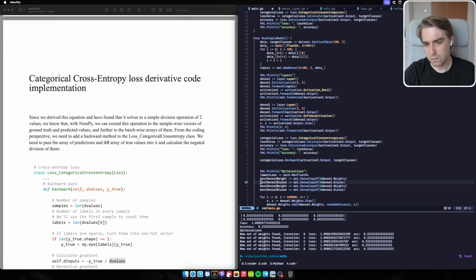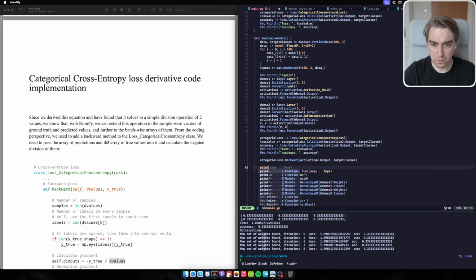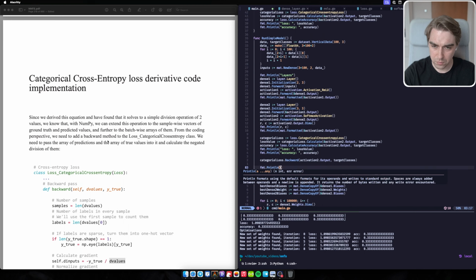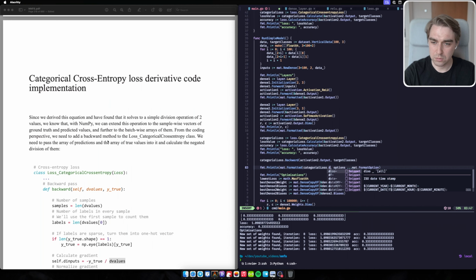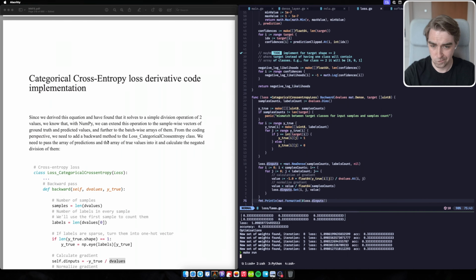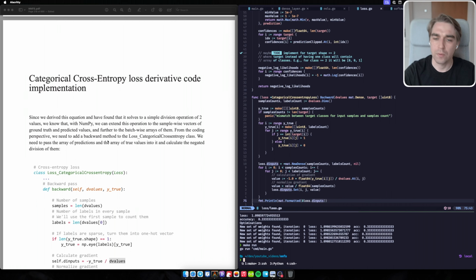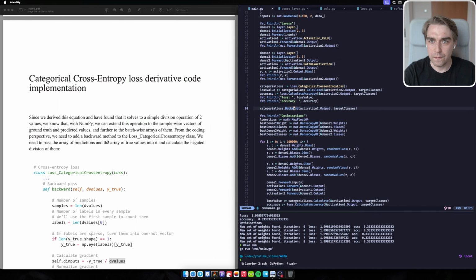And print formatted categorical loss d, and this is inside this one, so it's between accuracy and optimization.